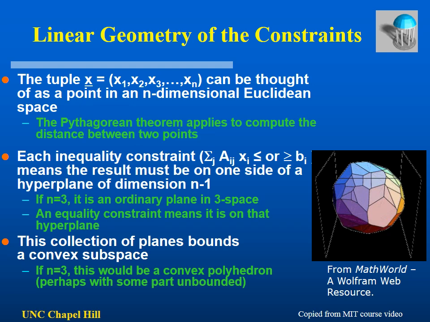So we can take y1 minus x1, square it, take y2 minus x2, square it, take y3 minus x3, square it, sum the squares, and take the square root of the sum of squares, and that will be our distance between the 2 points.